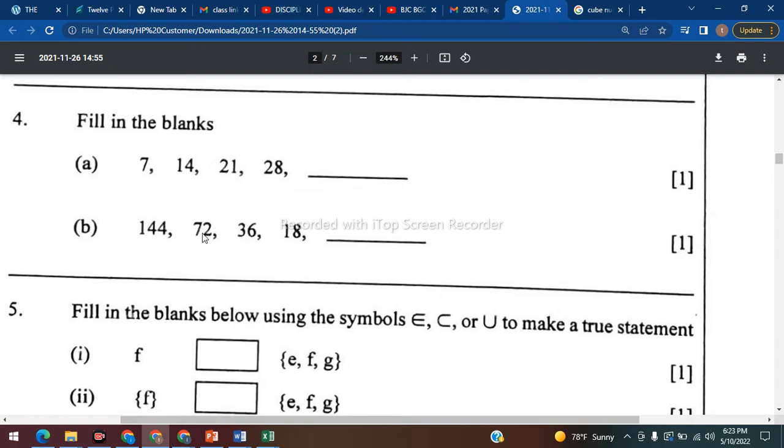Divide 72 by 2. 36. Divide 36 by 2. 18. And then 18 divided by 2 is what? 9. So someone said 9 though.